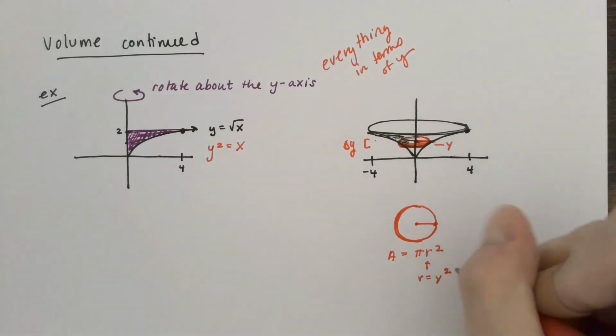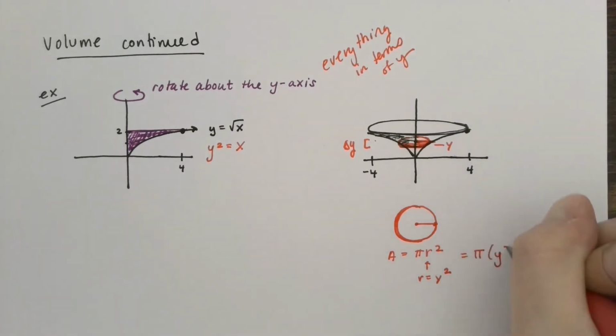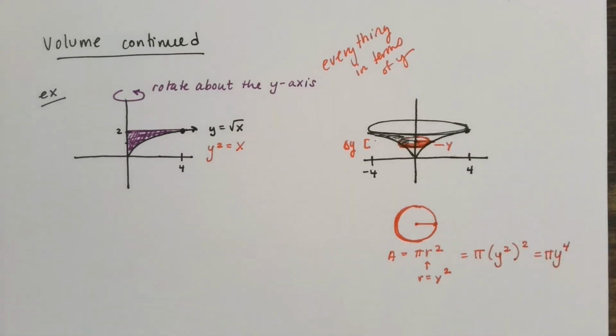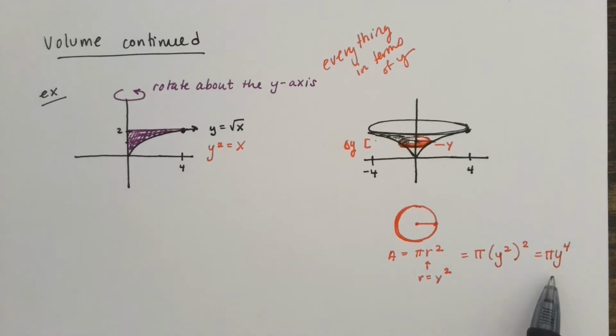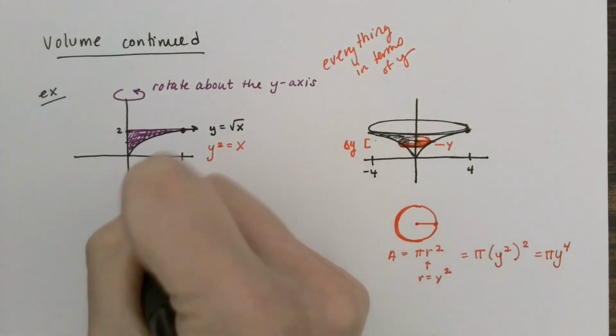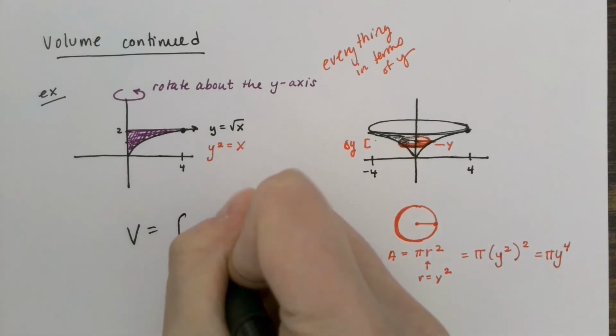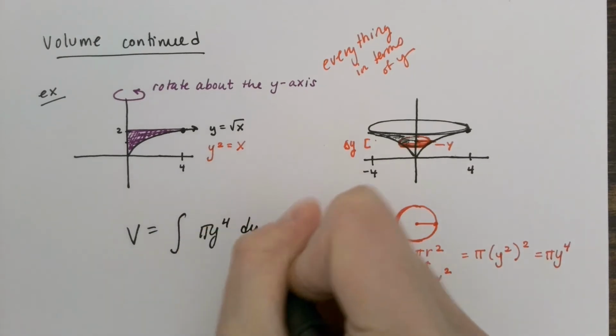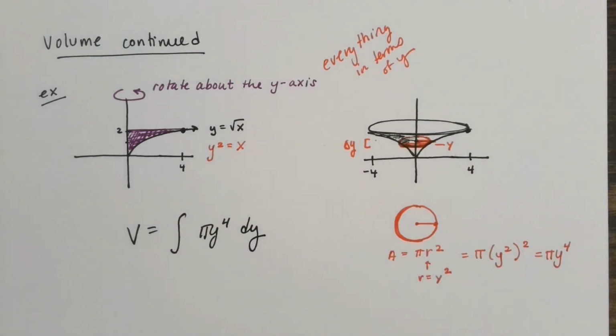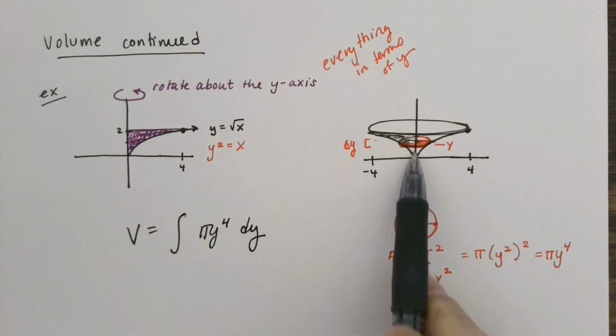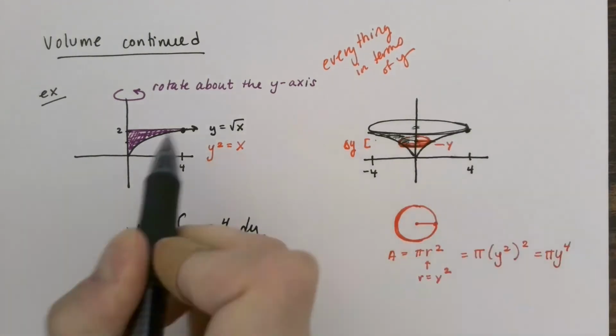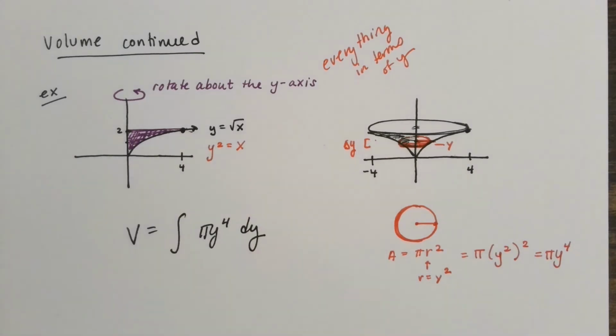Okay, so my area is pi times y squared, that's the r squared, which simplifies to pi times y to the fourth. This is the function that I want to integrate. So my volume will be the integral of that function, dy. And now I want to take my top and bottom y values, which are 0 up to 2, because 2 is the very top edge of that shape.